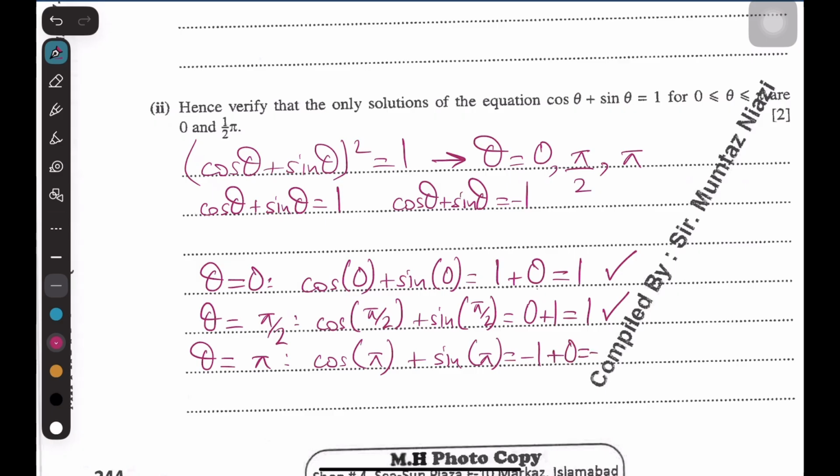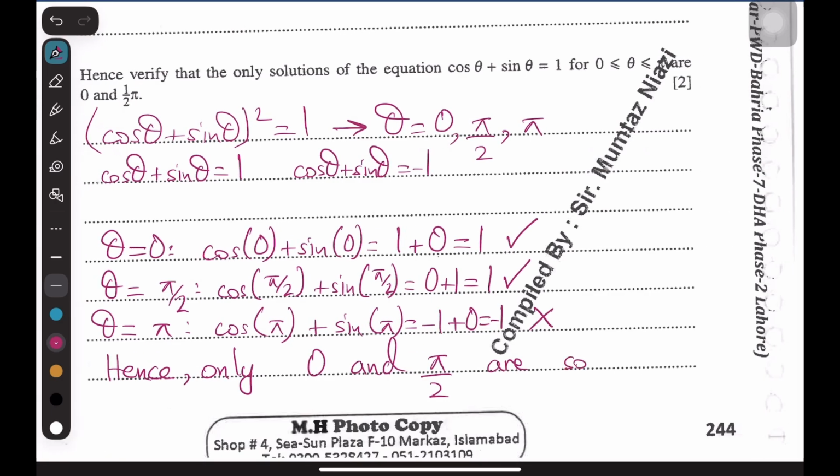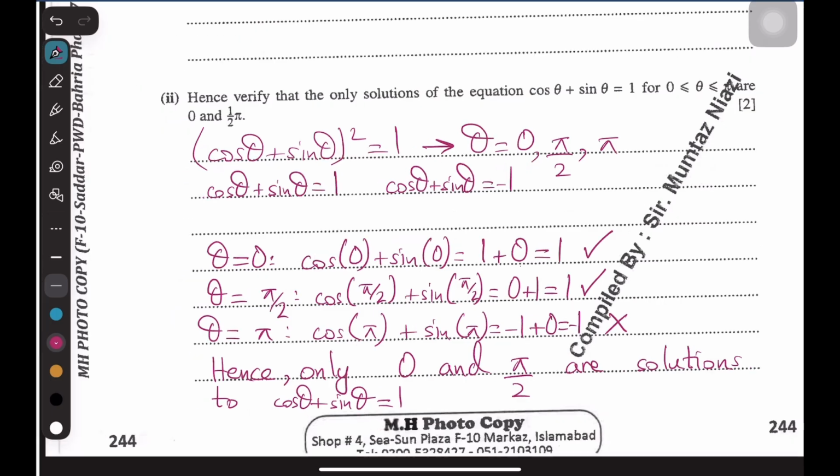So this will be equal to negative 1, which is not correct. So we've shown that hence only 0 and pi by 2 are solutions to cos theta plus sin theta equals 1.